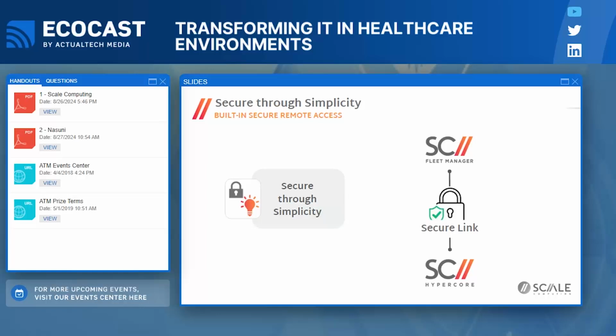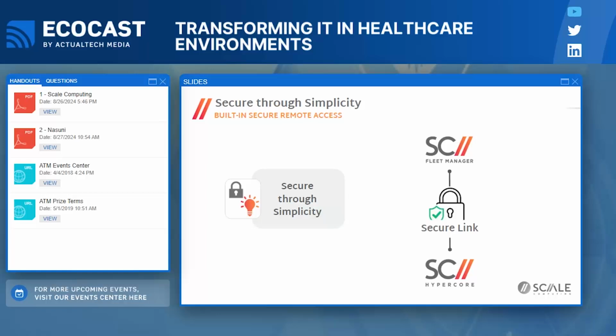SecureLink establishes an outbound HTTPS connection from the cluster to Fleet Manager, allowing secure browser-based access to the HyperCore UI and console access to VMs. All of the data during those sessions is encrypted using TLS 1.2, and it has strict access controls and immediate disconnection after use to prevent unauthorized access.